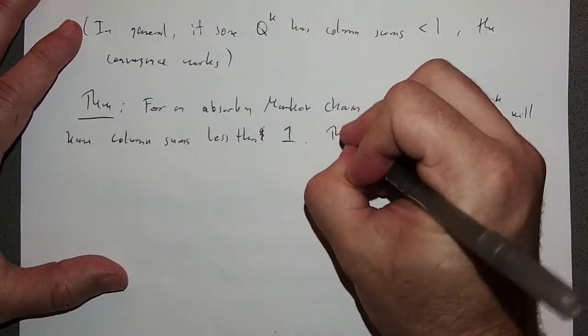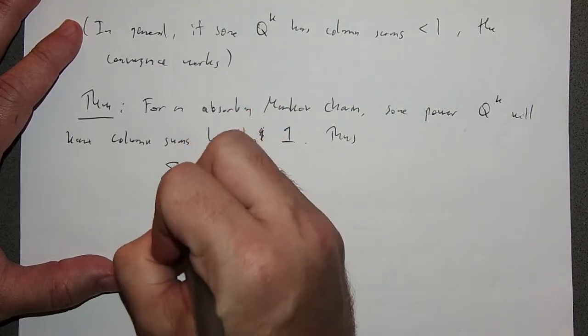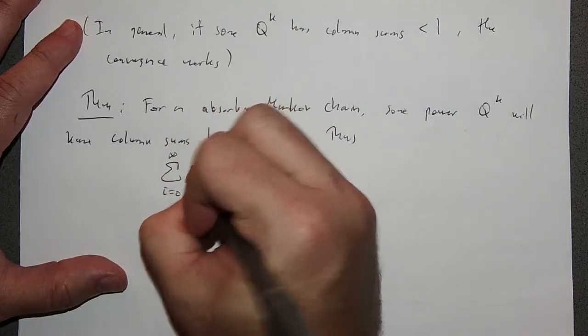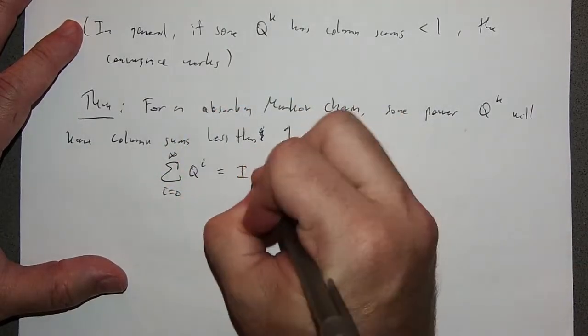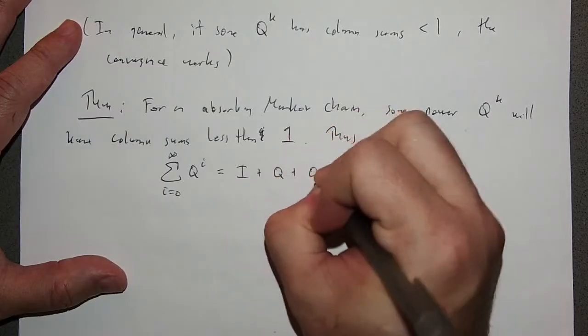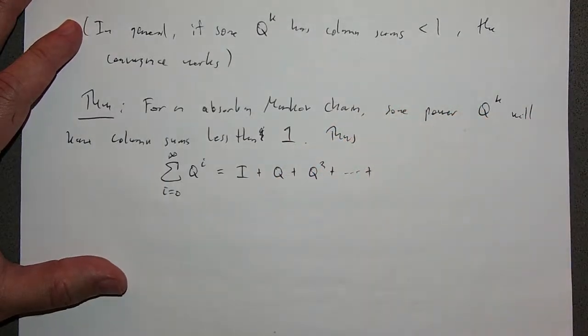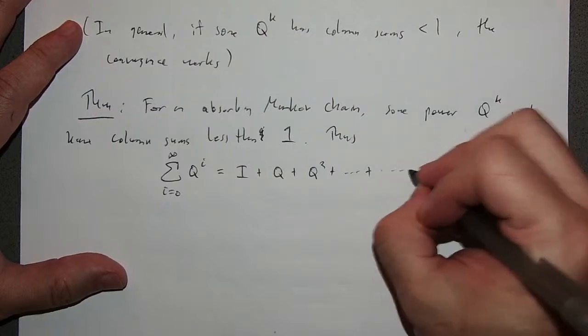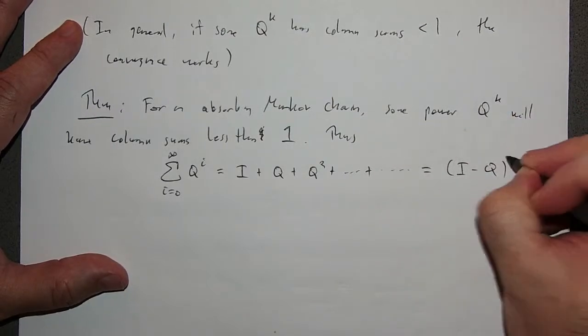Thus, in this case, this infinite sum of these q's, which you could write out like this, is actually the inverse I minus q.